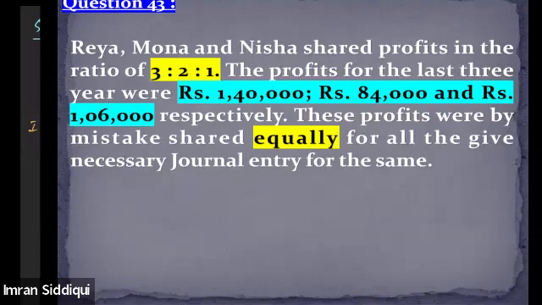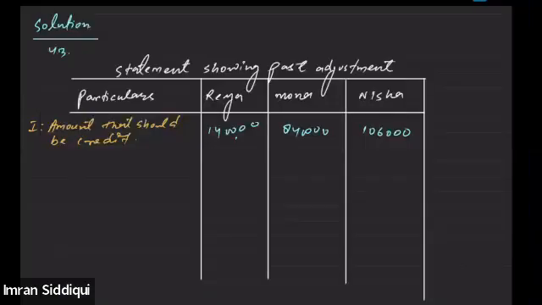Then we need to distribute the entire profit in equal proportion. Just a minute, I think I made a mistake here. These were the last 3 years' profit generated by the firm.